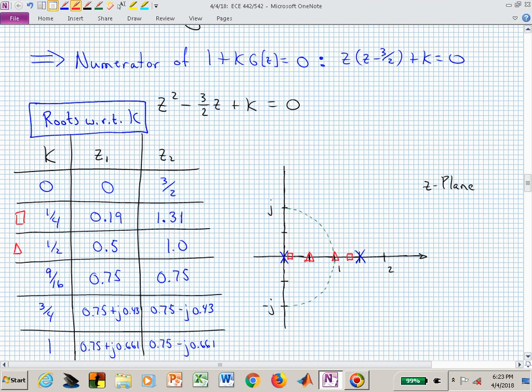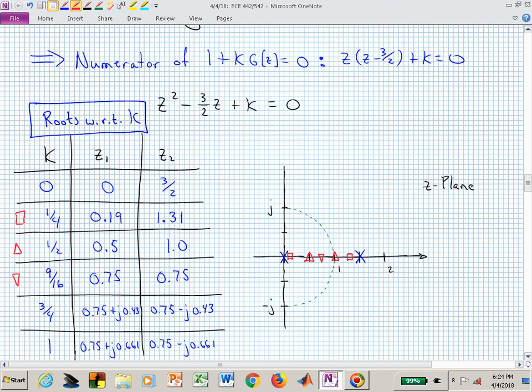So is it clear what I'm doing? I have boxes, then I have triangles. What happens next? Let's say that I now have a triangle down at 9/16. Now I'm right at 3/4, and I have two triangles on top of each other.